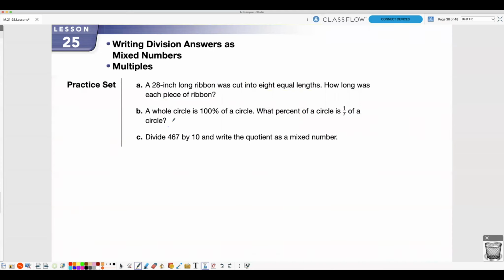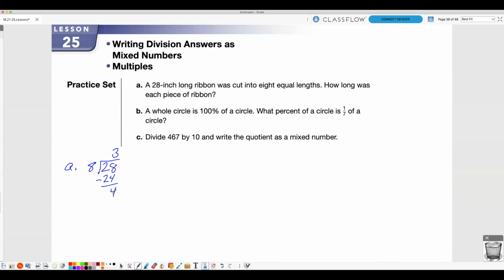Let's try letter A. A 28-inch long ribbon was cut into 8 equal lengths. How long is each piece of ribbon? So let me just put A here. This is 28 and it has to be divided into 8 equal lengths. So 8 times 3 would be 24, and then I just subtract.